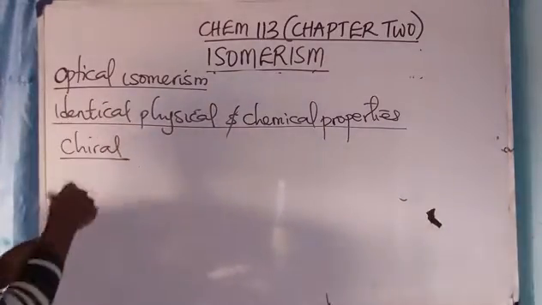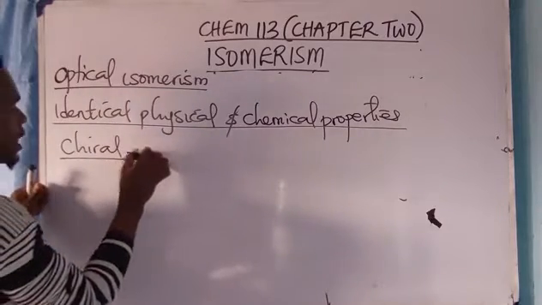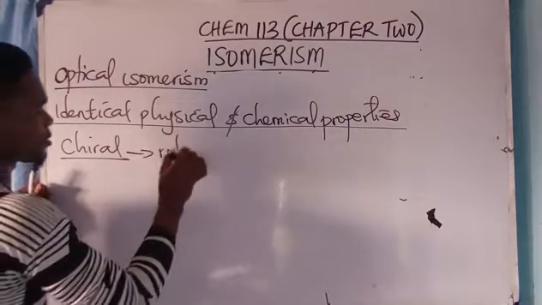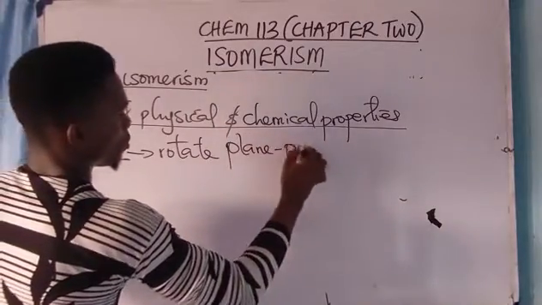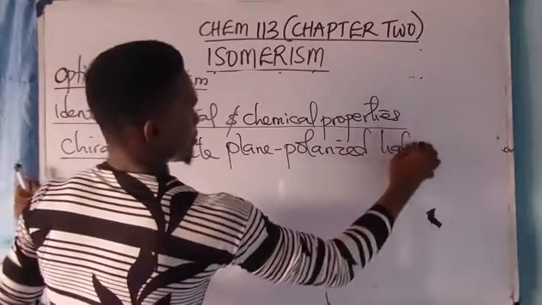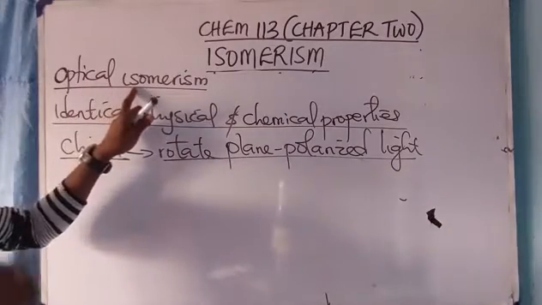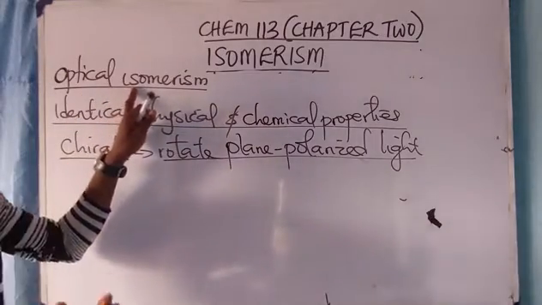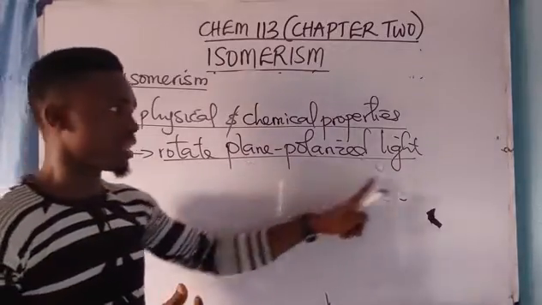Now please, compounds are said to be optically active if they are able to rotate plane polarized light.